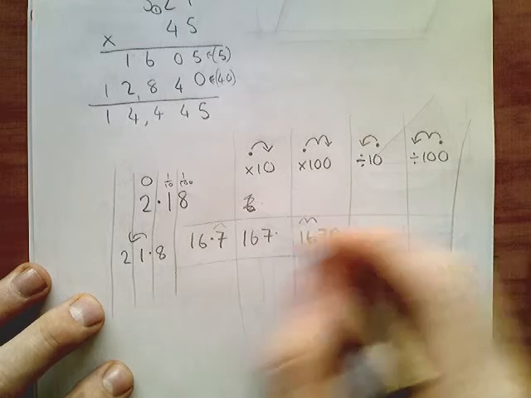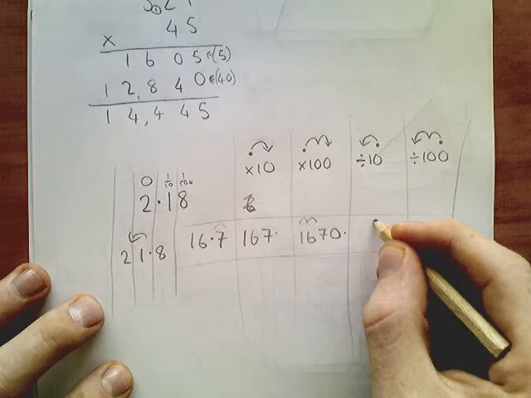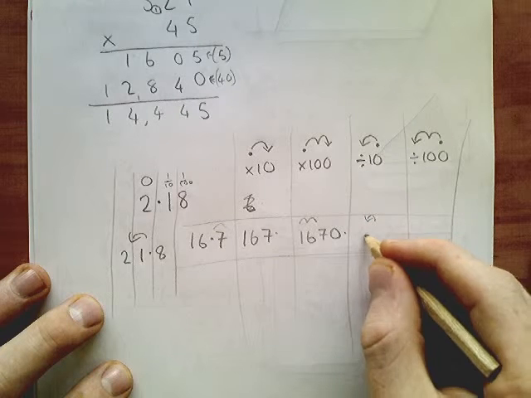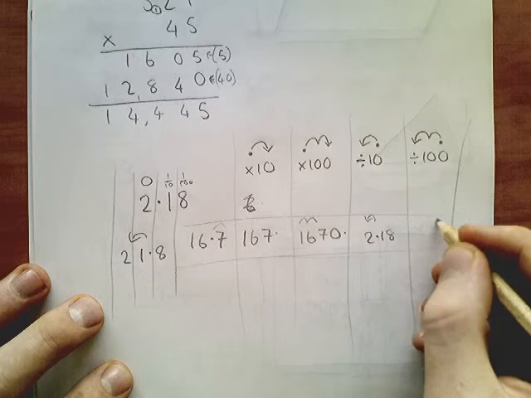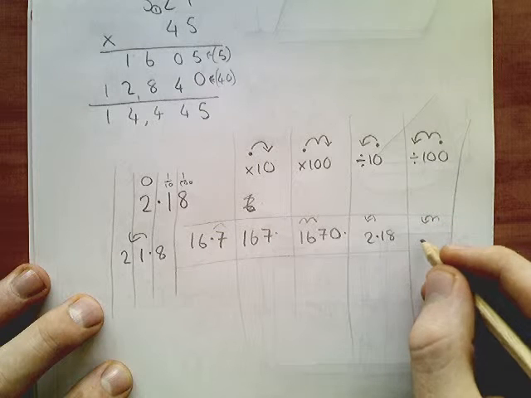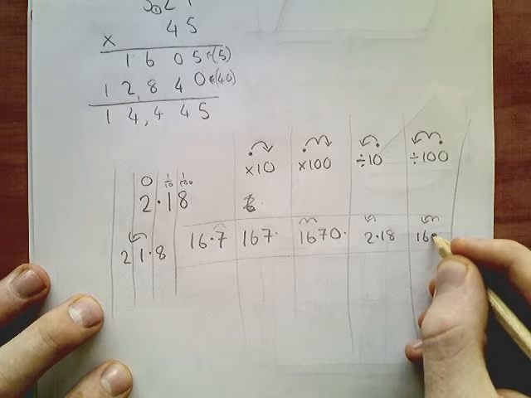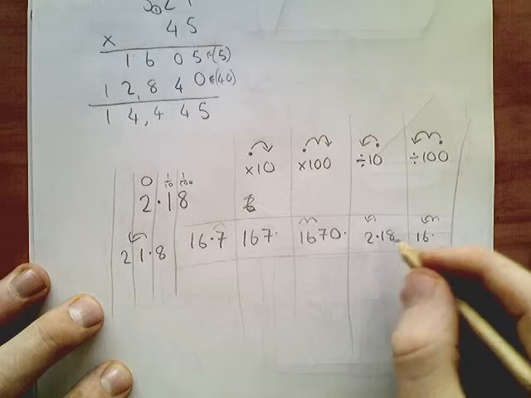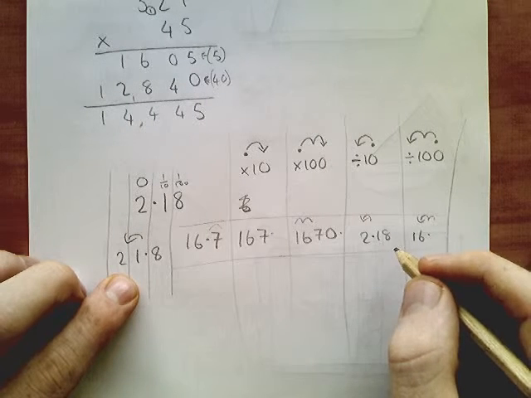If we divide by 10, it jumps 1 place back. So 2.18, and if we divide by 100, it jumps 2.